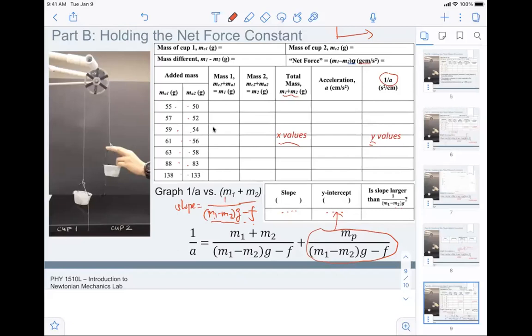That is your theoretical value for the y-intercept for part B. Does that make sense? Yes, it does. Thank you. So you read the intercept, a number from your graph, and you compare it with what the formula gives you.